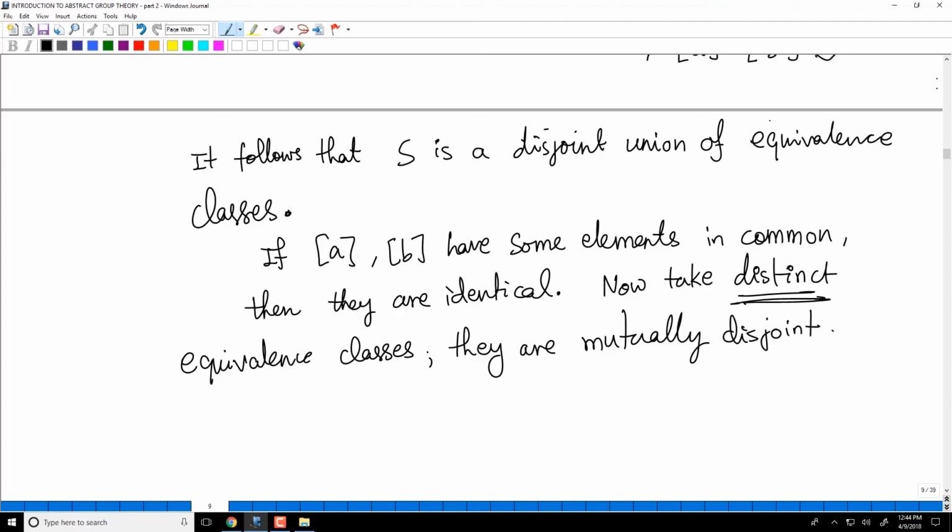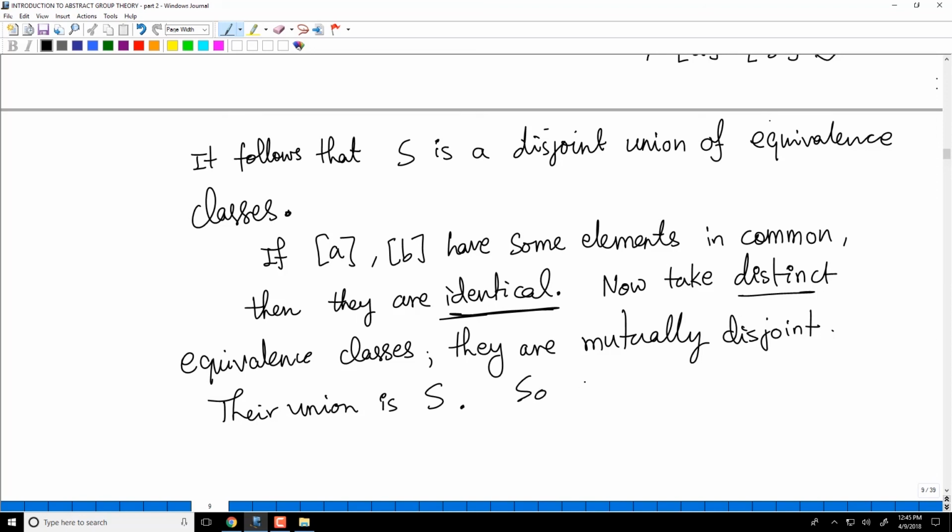They are not equal, so they are distinct. Hence, any two of them being distinct are disjoint, and their union is S, because every element of S is in an equivalence class. So you take that equivalence class, and that is one of the distinct equivalence classes that we took earlier.